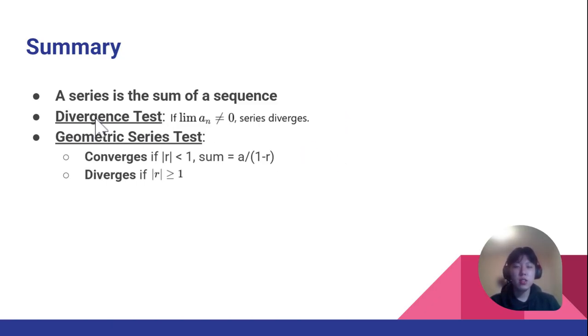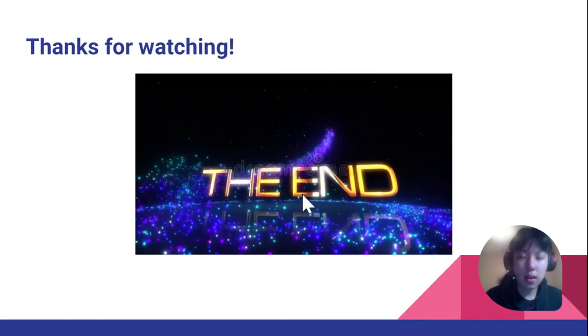So you have the divergence test. If the limit does not equal 0, the series diverges. And then you have the geometric series test. So again, if the absolute value of r is less than 1, the series converges. The sum is a over 1 minus r. Otherwise, it diverges.